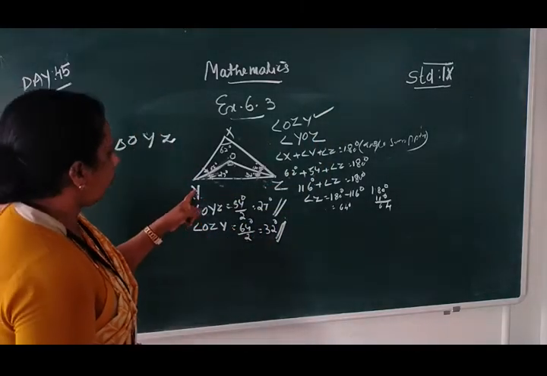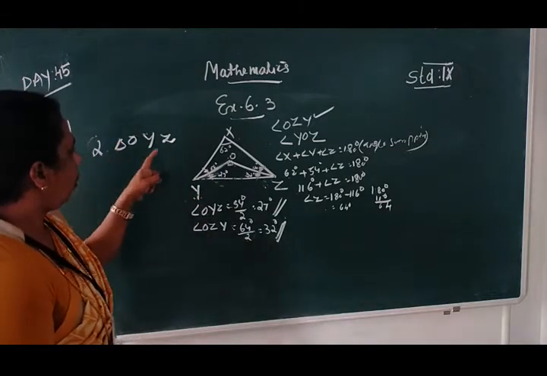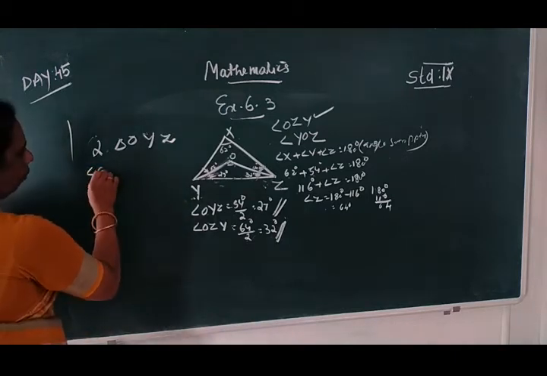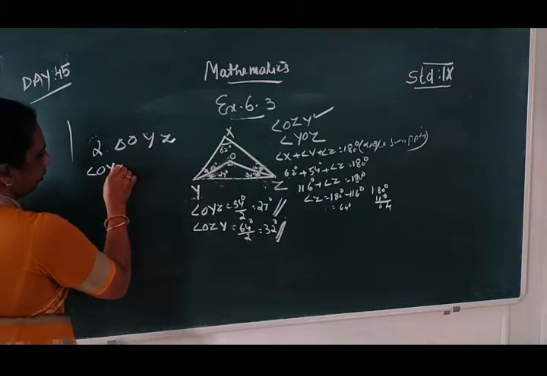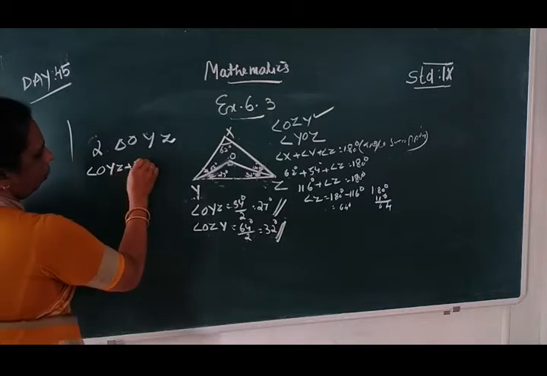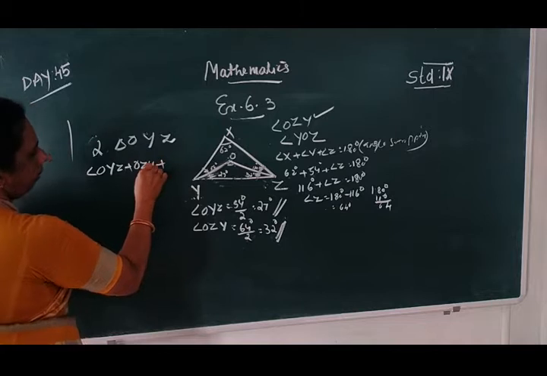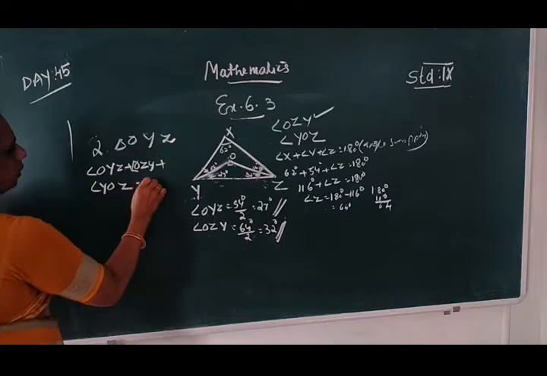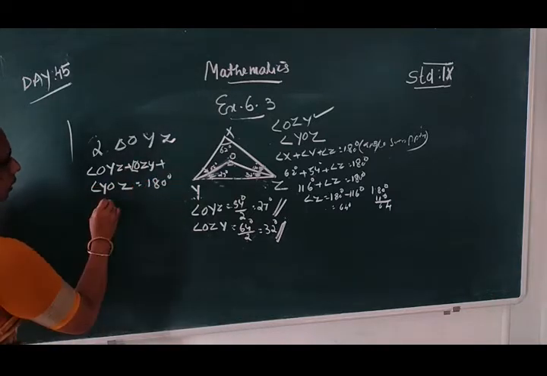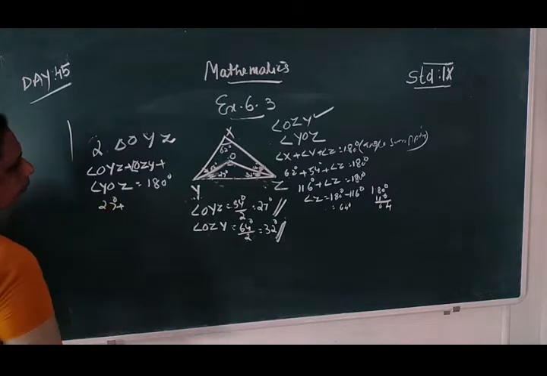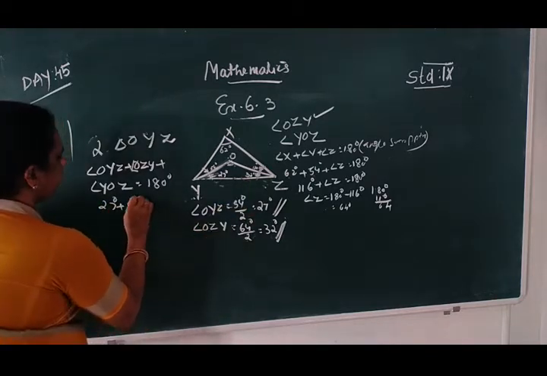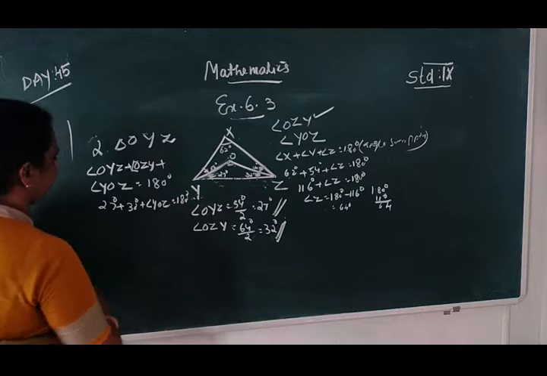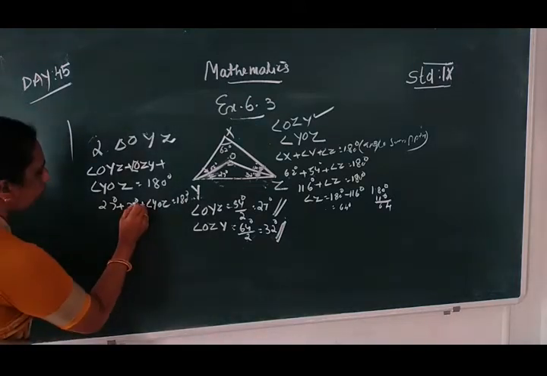Next we want to find YOZ. Consider triangle OYZ. Using the angle sum property, we can write angle OYZ plus angle OZY plus angle YOZ is equal to 180 degrees.